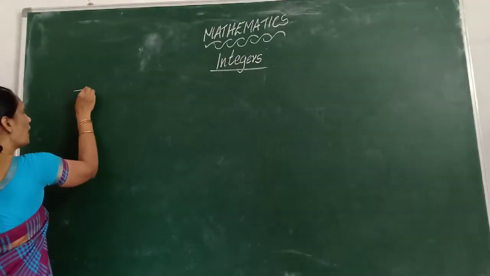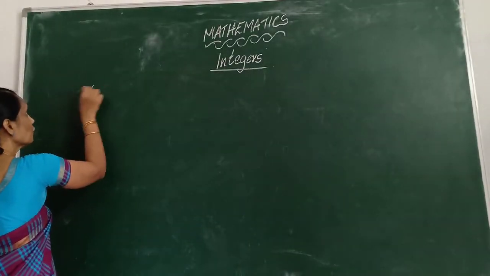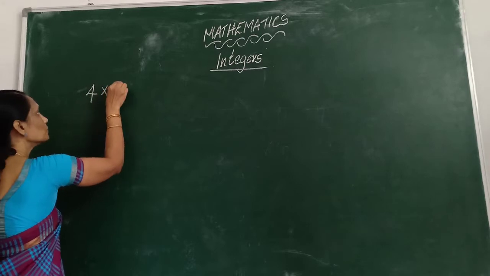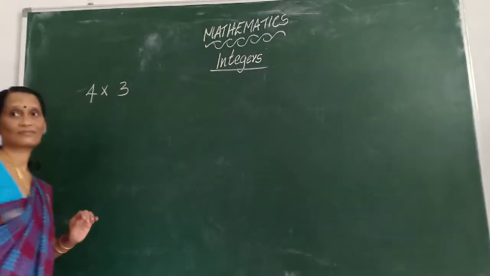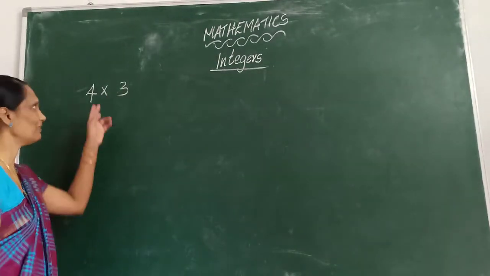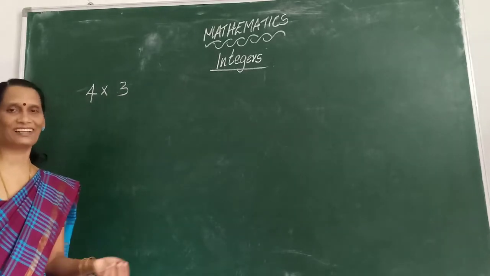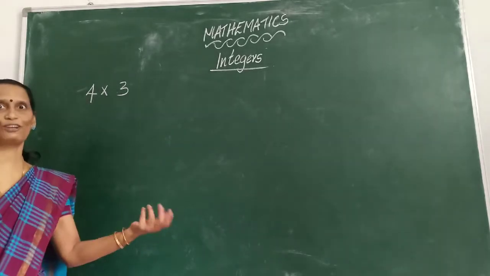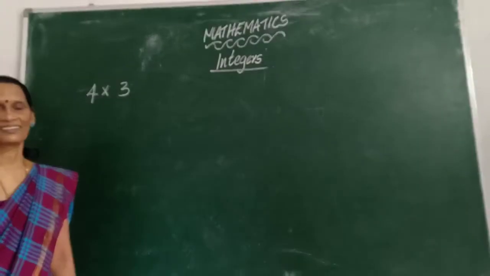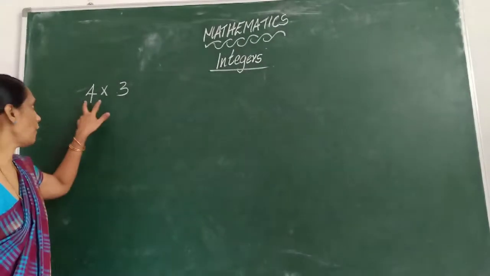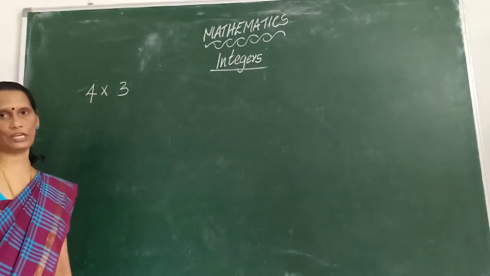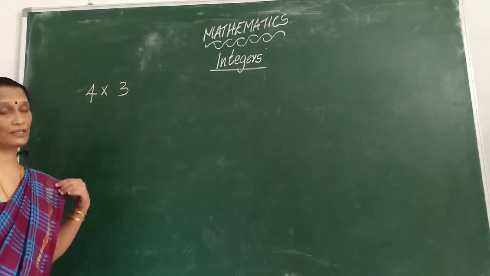So, if you want to multiply 4 into 3, 4 threes are, we will multiply it by using the table. 4 threes are 12, we will write. But how can we do this multiplication on the number line?